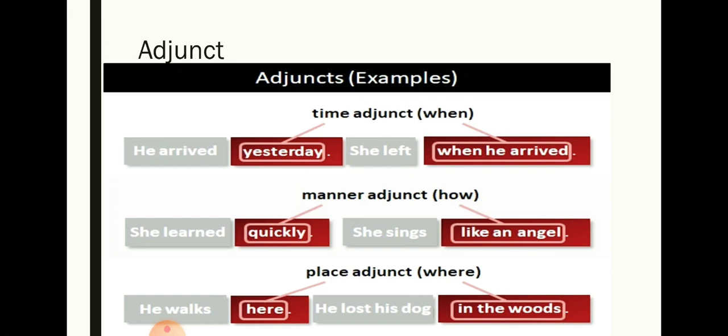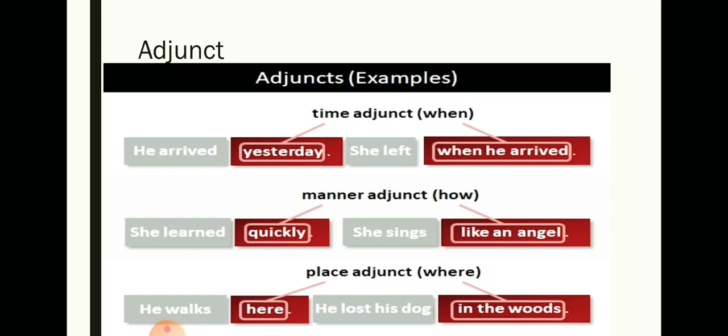The time adjunct deals with when: he arrived yesterday. She left when he arrived. So 'he arrived yesterday' is a time adjunct that gives us a clear view on when he arrived. She left when he arrived.